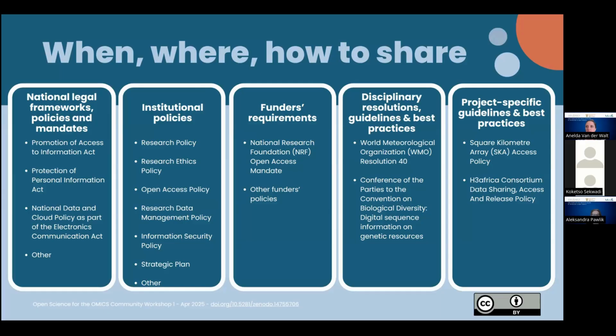Your institution may also have an open science policy or an open access policy, and that often sits either in the research office or in the libraries. And you may have to dig a little to find out what your institutional open access or open science policy is. Or you might be interested enough to get involved in helping to shape your institutional open access or open science policy.